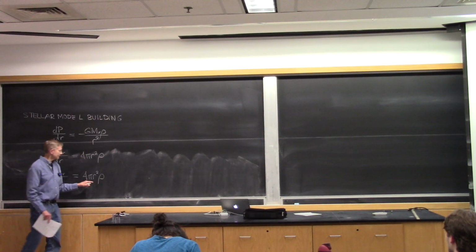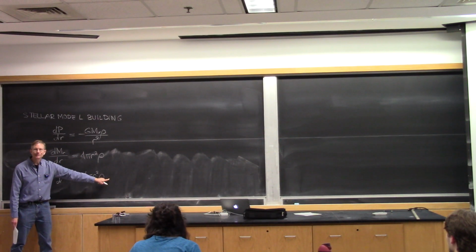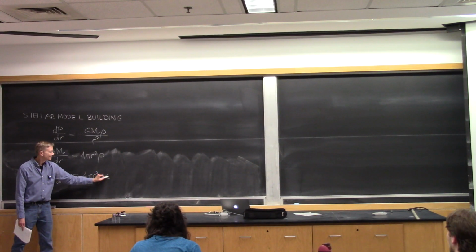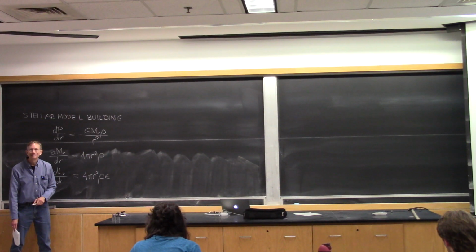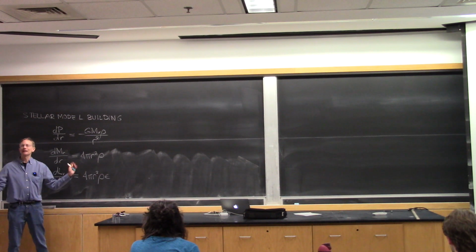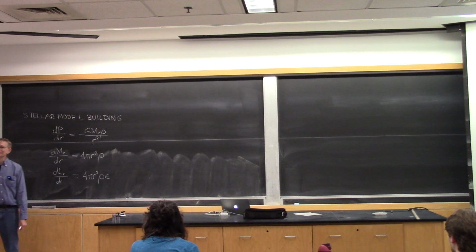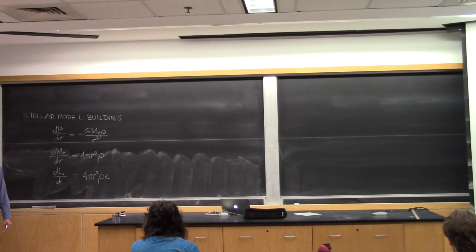Anybody want to make me super proud and tell me the one factor that's missing here? Epsilon, where epsilon is, I've already mentioned it. You've just completely forgotten last semester. The energy generation rate per kilogram.